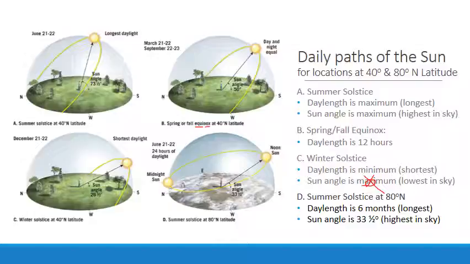So during a summer solstice, these two happen at exactly the same time. That is the path of the midnight sun.